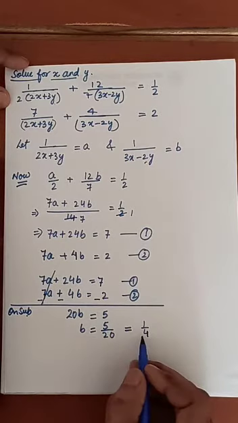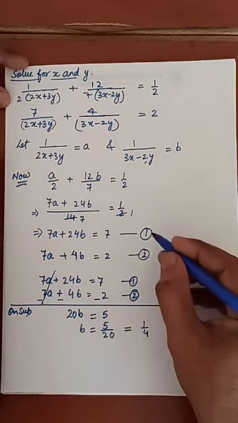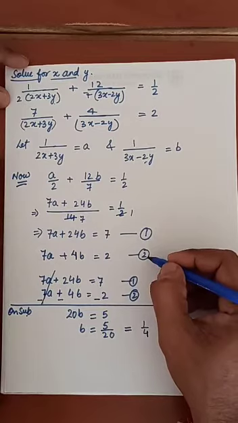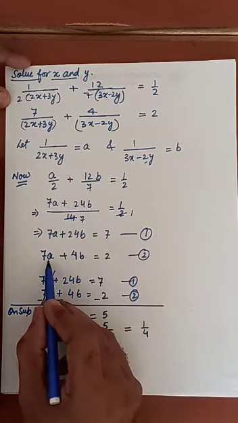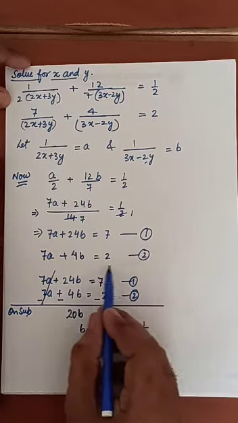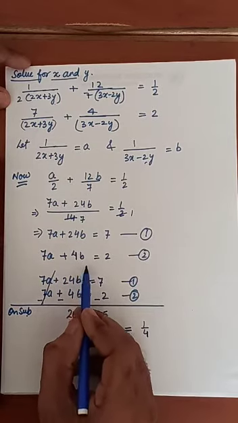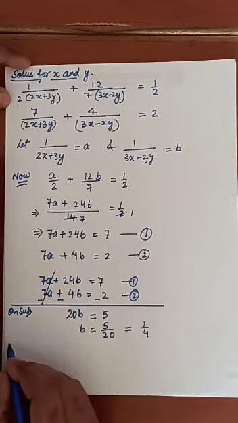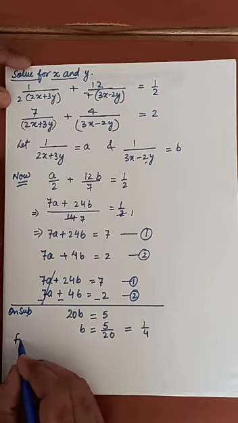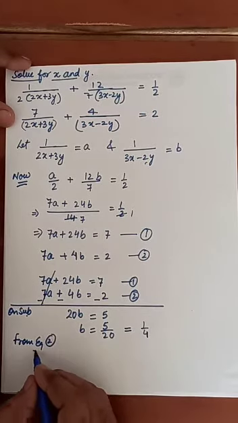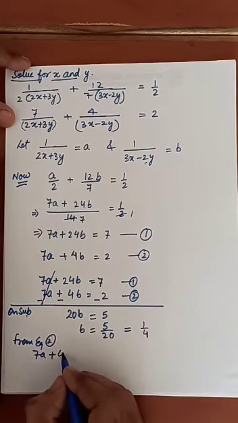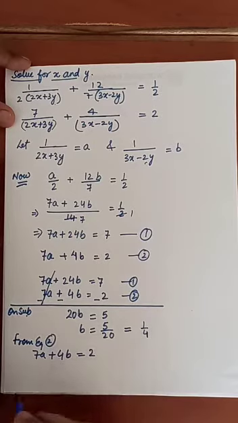Now this value of b can be used either in the first equation or in the second equation. The value of b is coming 1 upon 4. Look, the second equation is much easier. If you write 1 upon 4, 4 and 4 will be cancelled out. So opt for equation 2, that is 7a plus 4b, that is equals to 2.